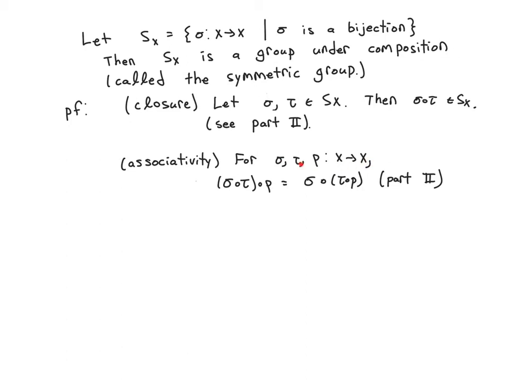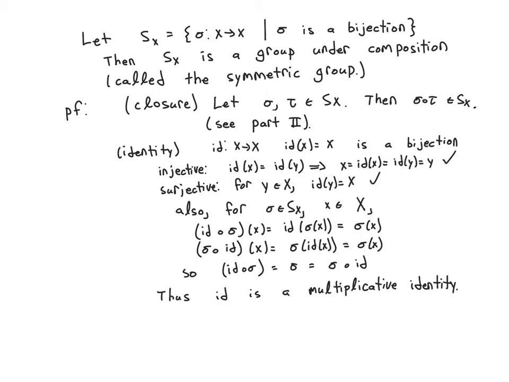Notice I'm stating it for functions instead of bijections, because actually this is a claim in Math 3350 as well. And so this is actually true for any three functions as long as the domains and codomains all work out correctly. So in particular, it's also true for bijections. And so associativity holds.